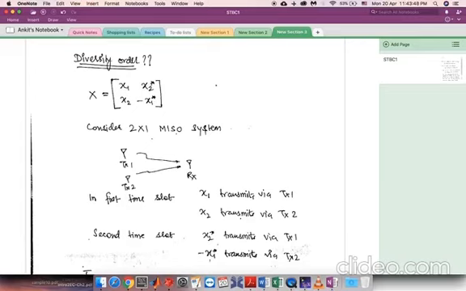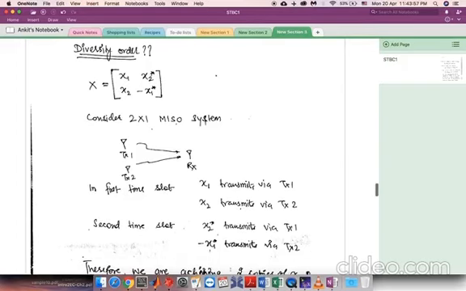Consider a 2 cross 1 system where we have a transmitter 1 and transmitter 2 and a single receiver. In the first time instant, x1 would be transmitted through transmitter 1. You can say that this column is the first time interval, and this is from transmitter 1 and transmitter 2.